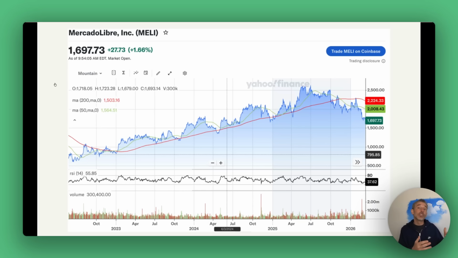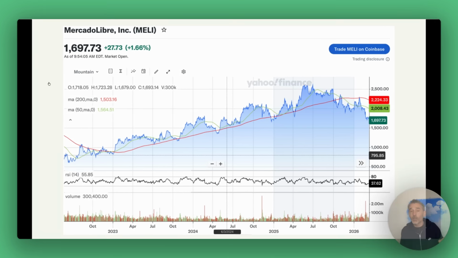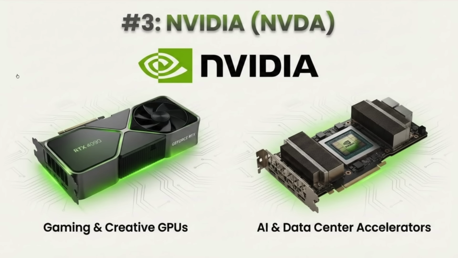Both of these things deserve a careful eye, but I think Mercado Libre has the upper hand. And because I already own so much of it, when this starts to turn, I would be inclined to add even more.